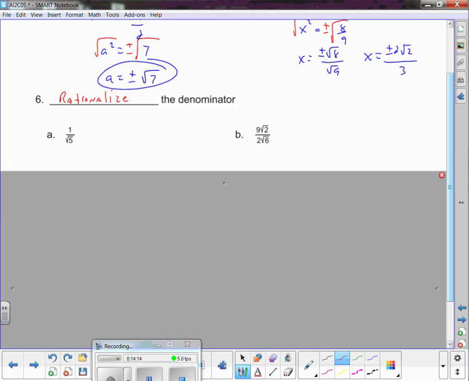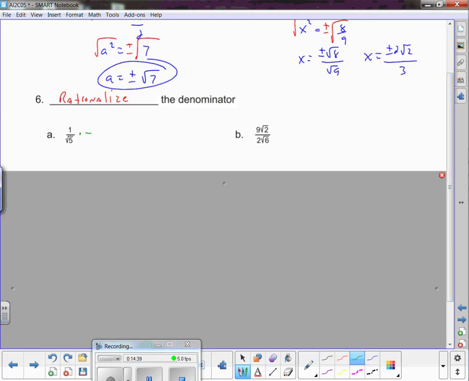Square root of 9 is 3. Good. Don't have to worry about it. But if you remember, we're not supposed to leave radicals in the denominator. And the way to take care of them is to rationalize the denominator. So again, if you were solving a quadratic and you have a root in the denominator, you're going to have to rationalize the denominator to finish, right? So just a quick refresher.